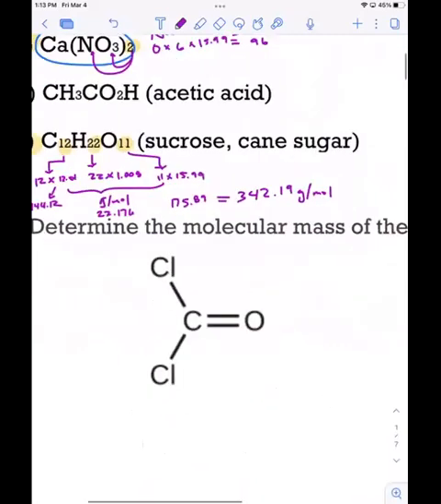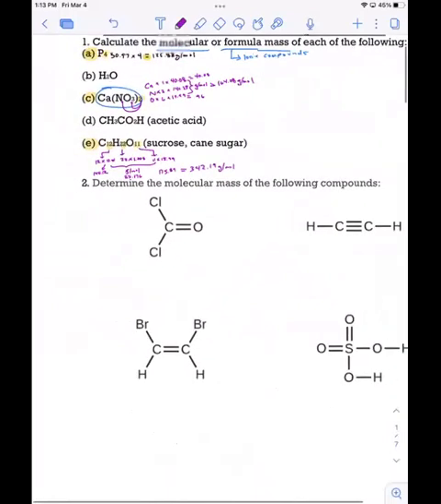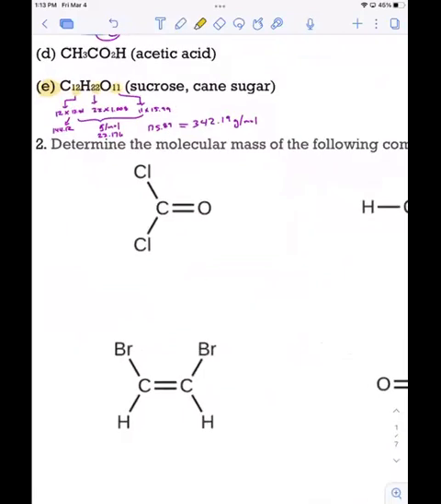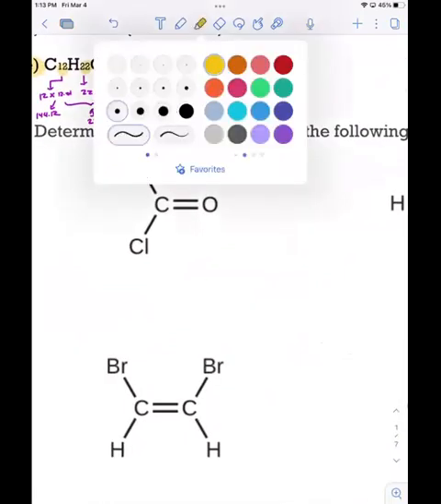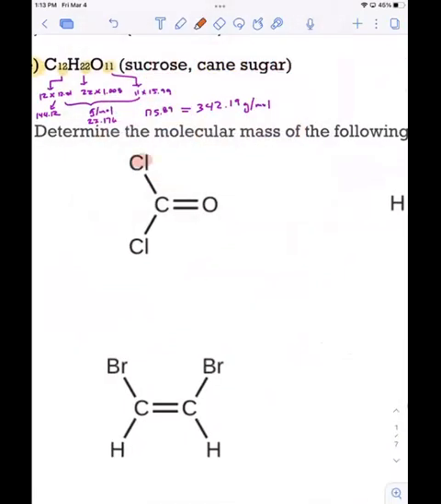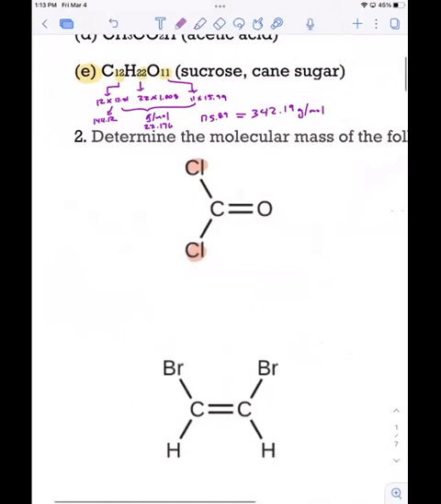All right. So right here, all you have is the structure and not the formula, but based on the structure, you can still get the number of atoms, right? So let's do the first one. That's 2 chlorine. So that's 2 times 35.35 for chlorine. You've got 1 carbon and 1 oxygen. Right.